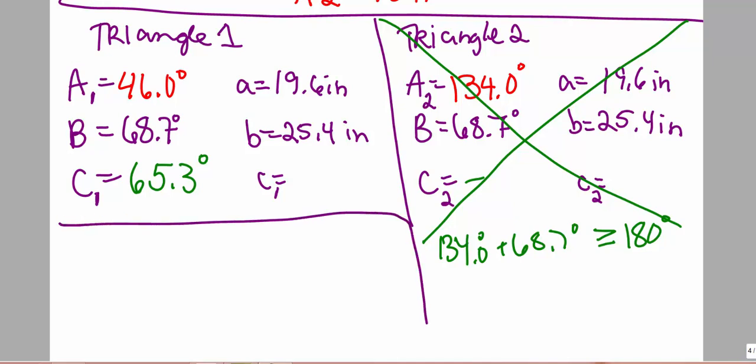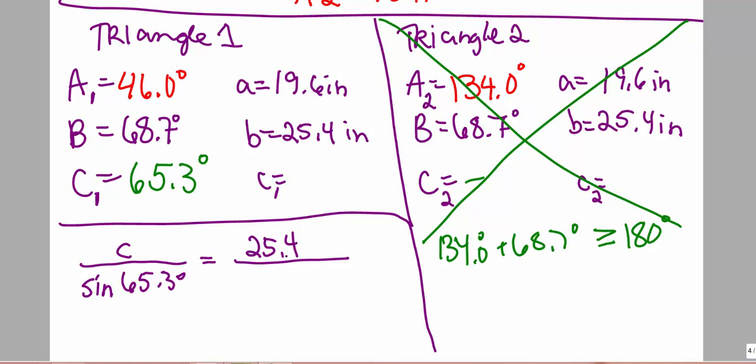The last part that we need to know is what is side C. So we'll set up our fraction with side C divided by sine of angle C equals. And let's use the letters that we were given everything for. So we were told angle B and side B, so we'll use letter B. We'll use the B fraction. 25.4 for side B divided by sine of angle B. And we're going to solve for C by multiplying both sides by sine of 65.3 degrees.